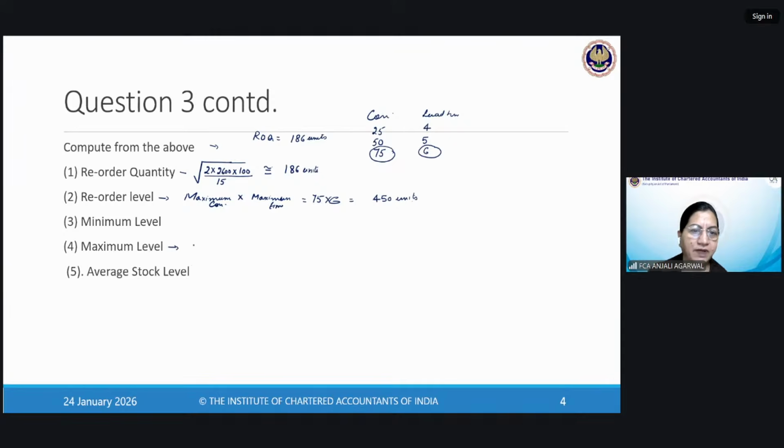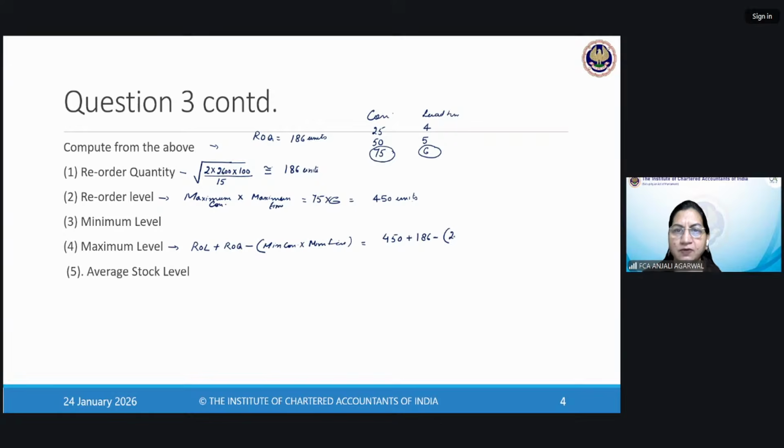What is the maximum level? At ROL, when you placed an order for ROQ, this is what your maximum level would be if you don't consume anything, but you are going to consume minimum something, and it will take a minimum time to receive. So at 450 units, when you're placing an order for 186 units, this is your maximum level.